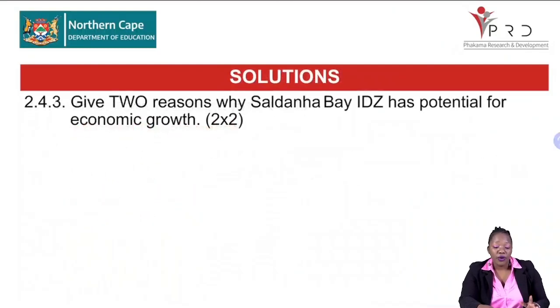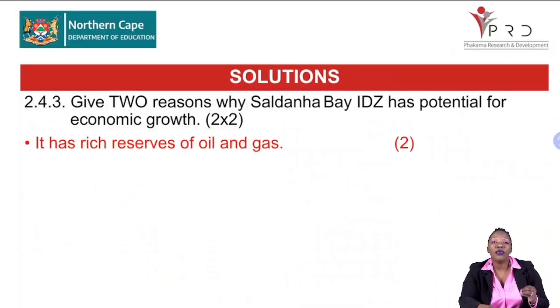Then your number 3, you give 2 reasons why Saldanha Bay has a potential for economic growth. So the first one, you have read in the infographic or the extract that it has rich reserves of oil as well as gas. Therefore, these are resources that are needed nationwide.